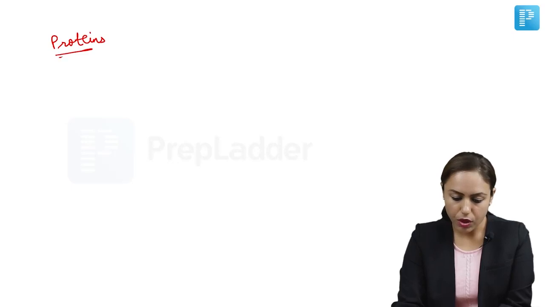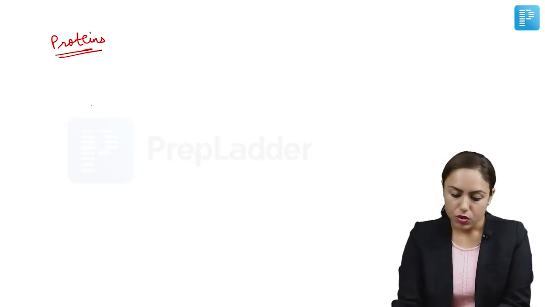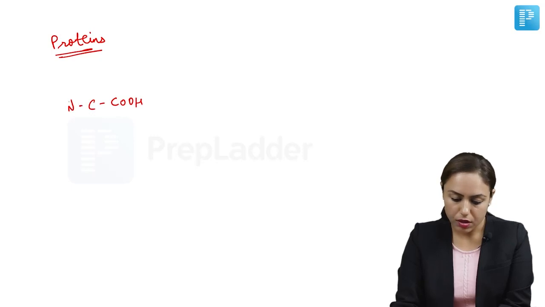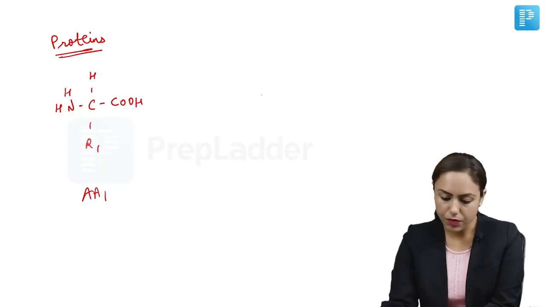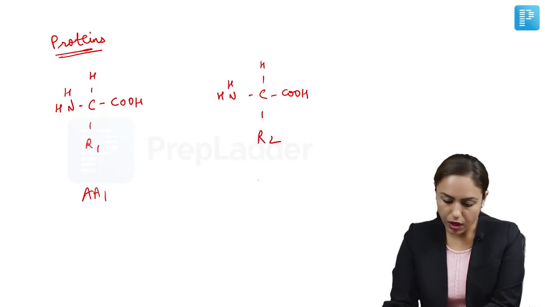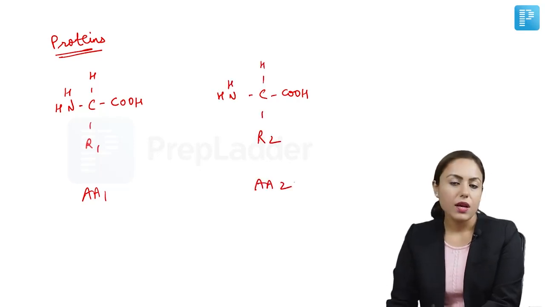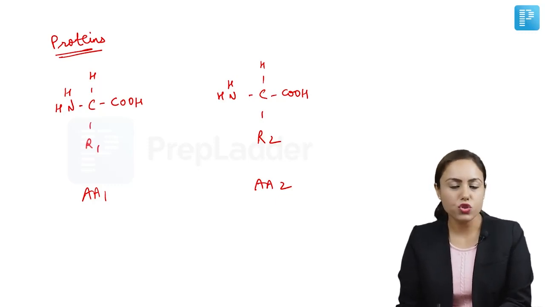So proteins are polymers of amino acids. So two amino acids join to make proteins. Let's see how two amino acids join here. So this is amino acid number 1 with R1 side chain. This is amino acid number 2 with R2 side chain. Let's see how these two amino acids join together.